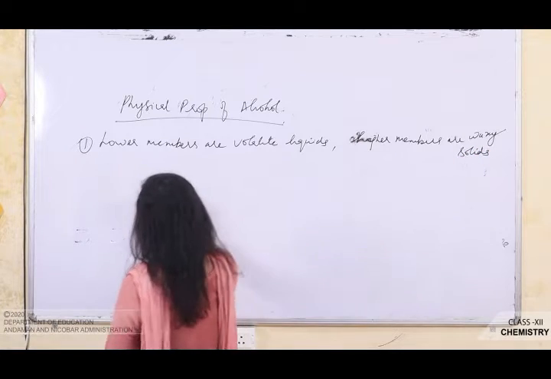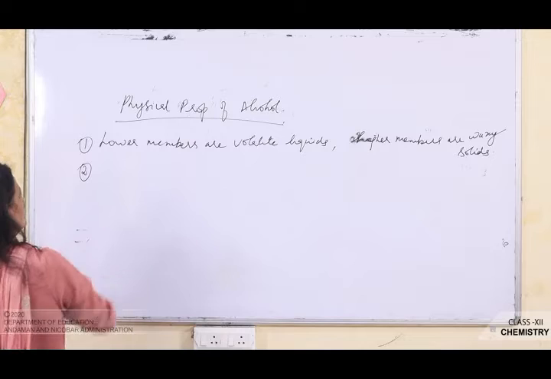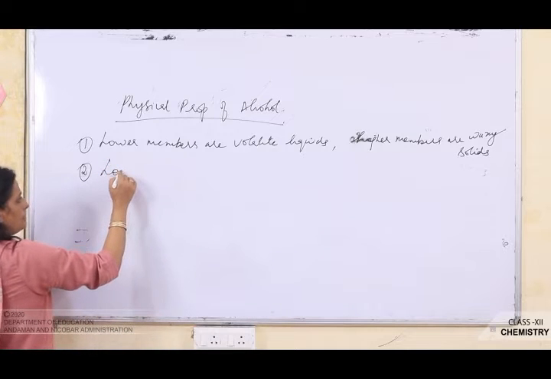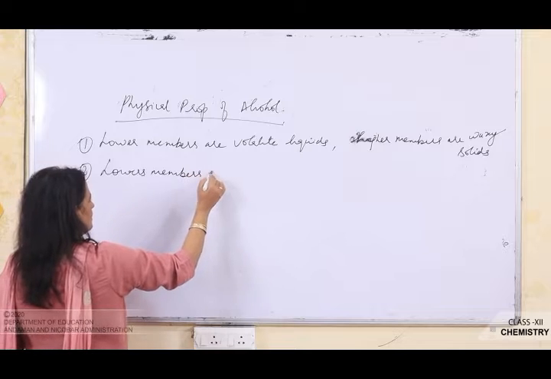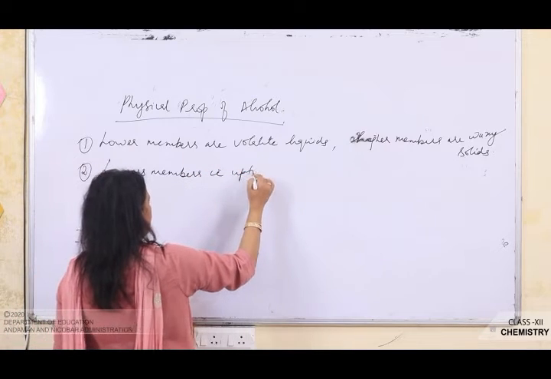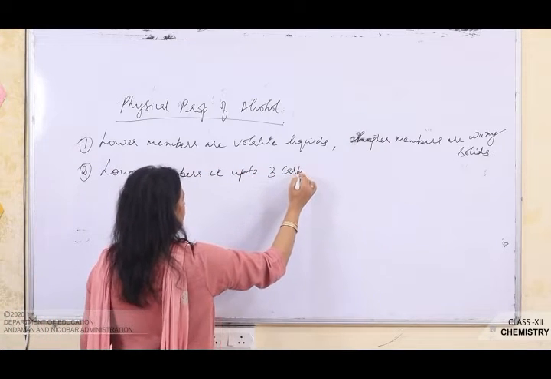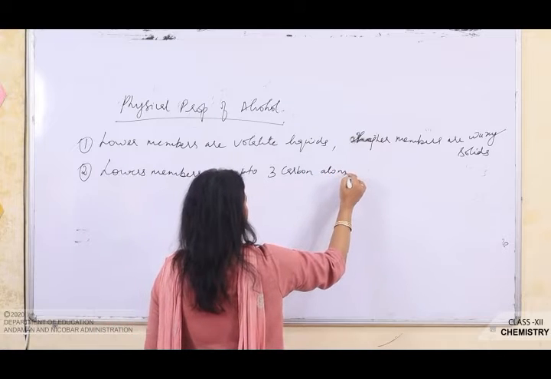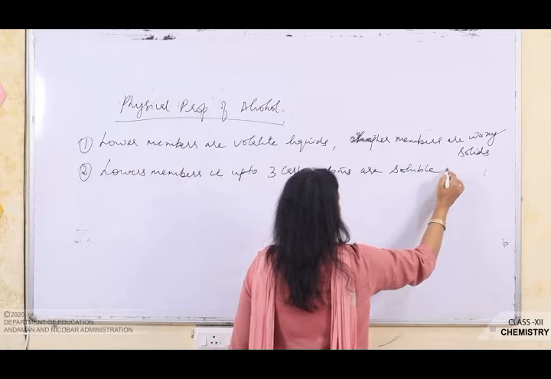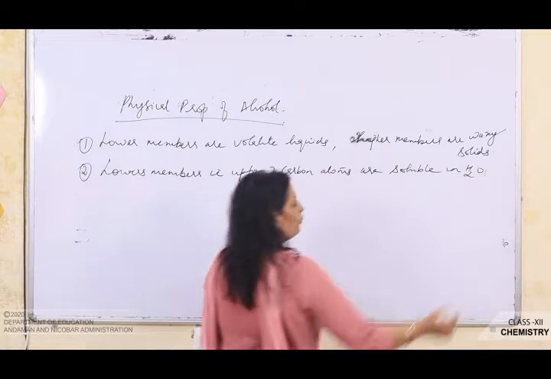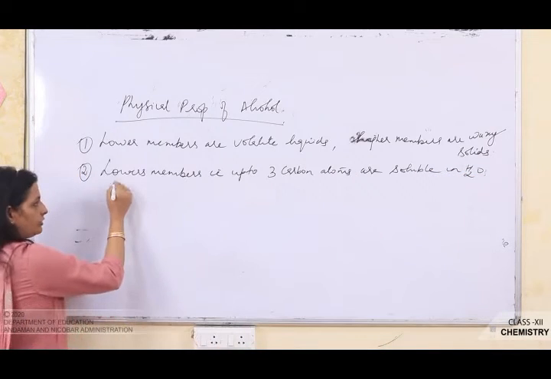Now, the second one is, lower members, that is up to 3 carbon atoms, are soluble in water. Why are they soluble in water? Because they can form what?